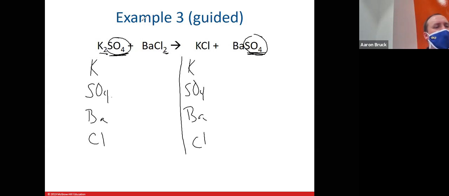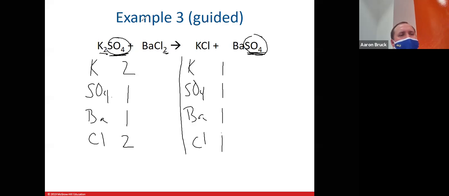So if I look on each side, I've got 2 potassiums and 1 sulfate, 1 barium, and 2 chlorides. On the product side, I have 1 potassium, 1 sulfate, 1 barium, 1 chloride.